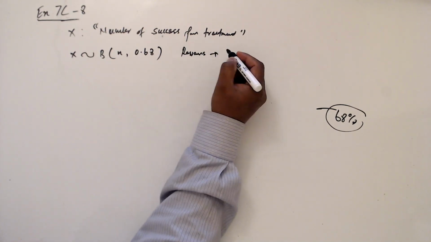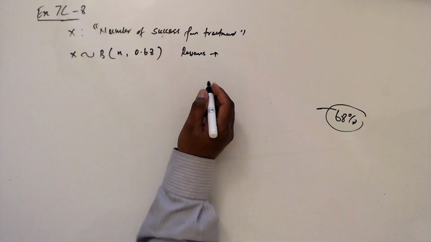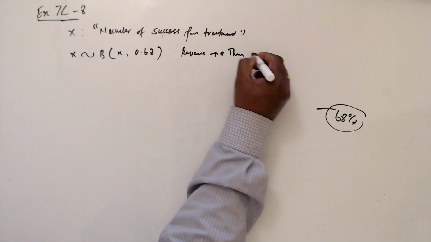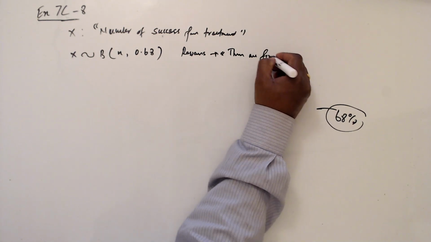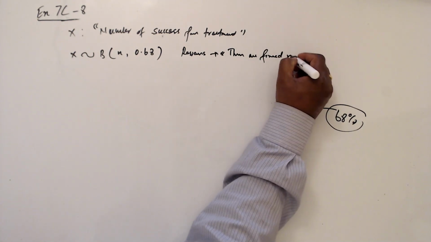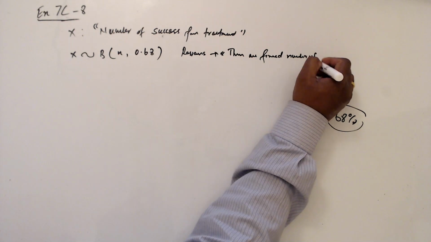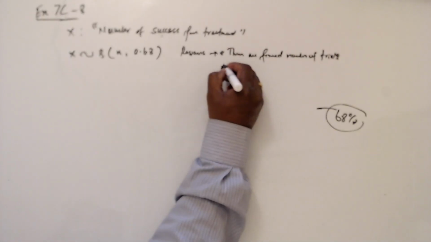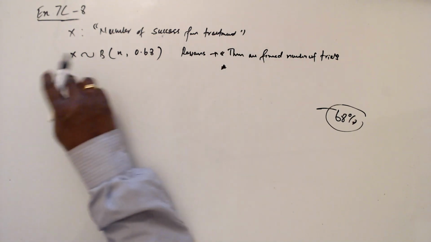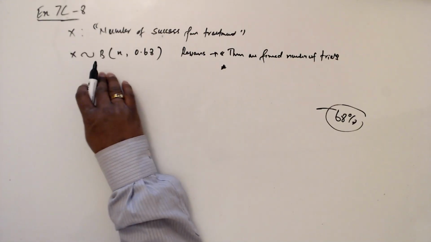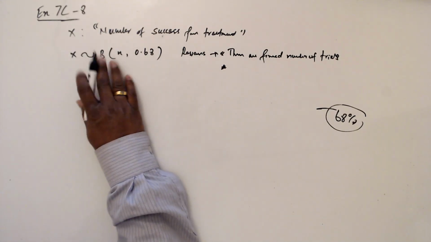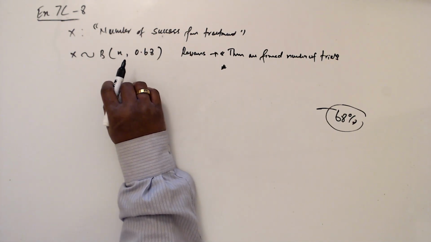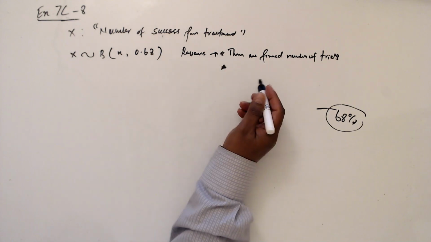Reasons: there is a fixed number of trials. We just have to write the conditions, the assumptions for the binomial.